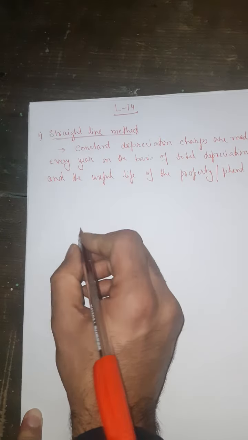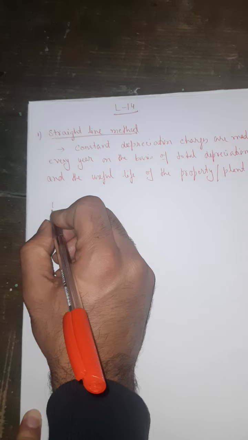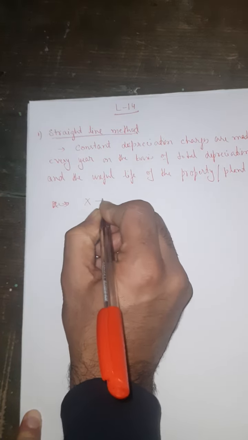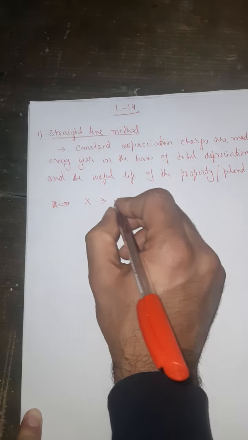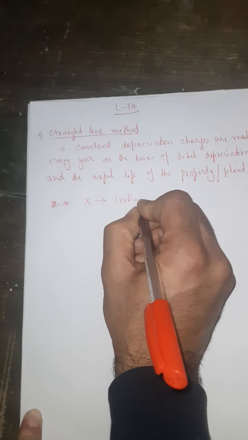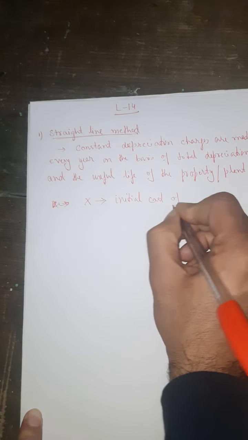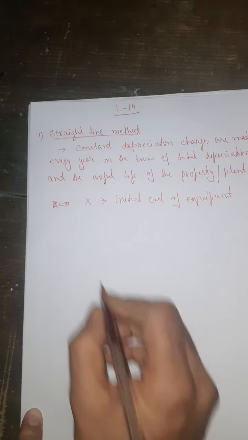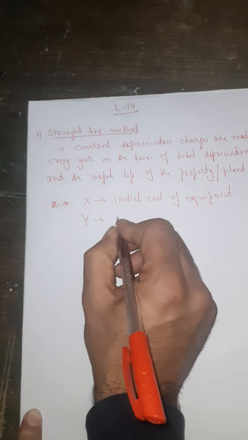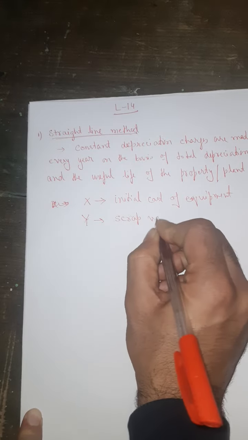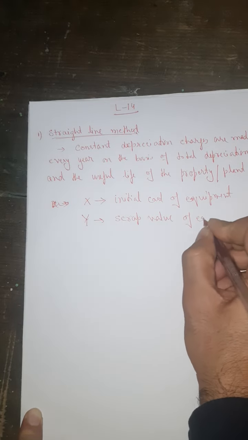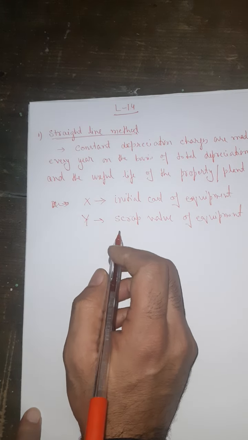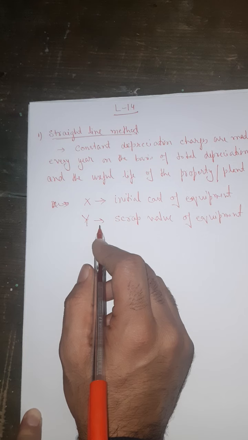So how do we make annual depreciation charges? Consider that capital X is the initial cost of the equipment, and Y is the scrap value. Scrap value means the value of the equipment after its useful life is over.